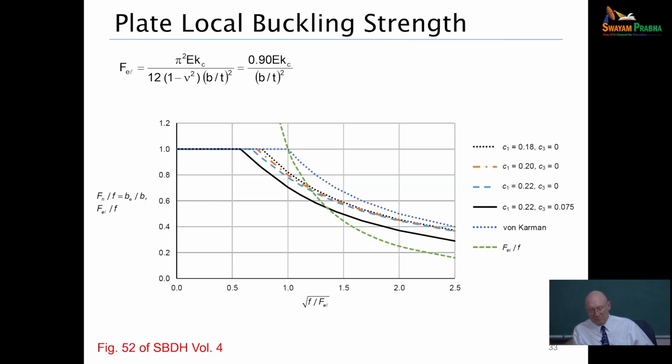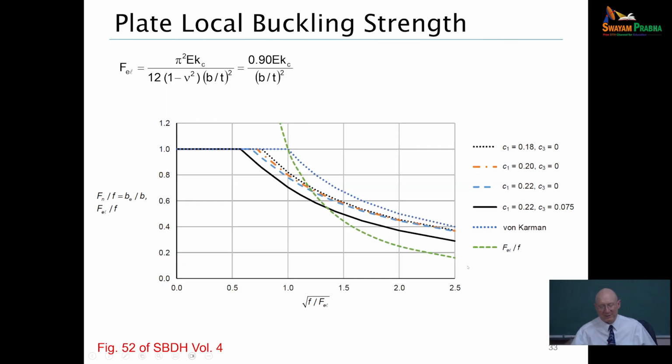And then there's one equation that's basically the ratio of Fe for local buckling to little f, which again, replace that with Fy is the simplest way to understand it first. The green dash curve is the best one to start with.